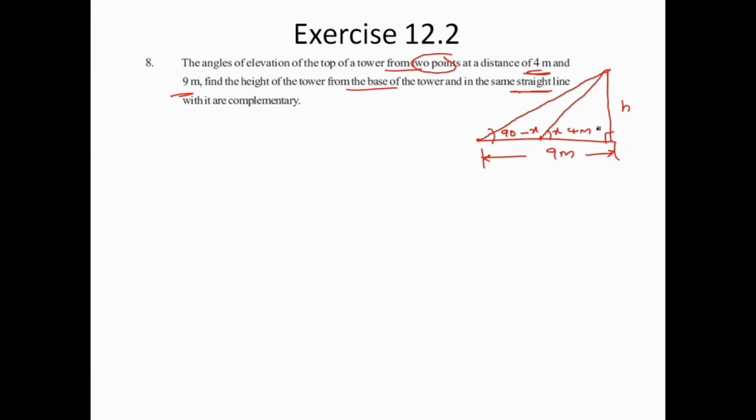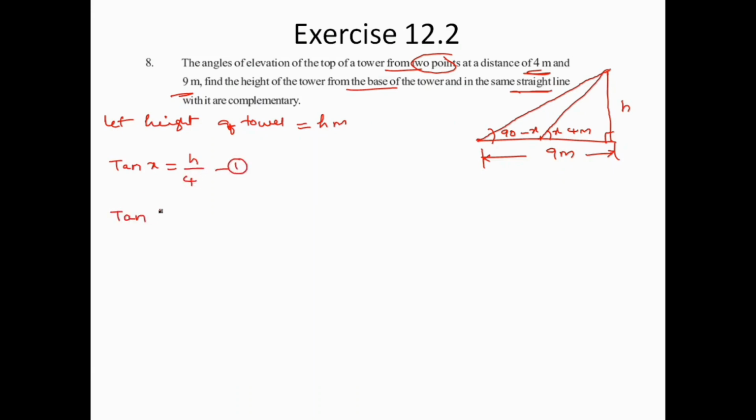I hope this sum is clear up to here without any doubts, right? So let us write the assumptions over here and let us go ahead with this. Let the height of the tower be h meters. Also the angles of elevation, you know that now. I have tan x is equal to h by 4 and I'm calling it equation 1.